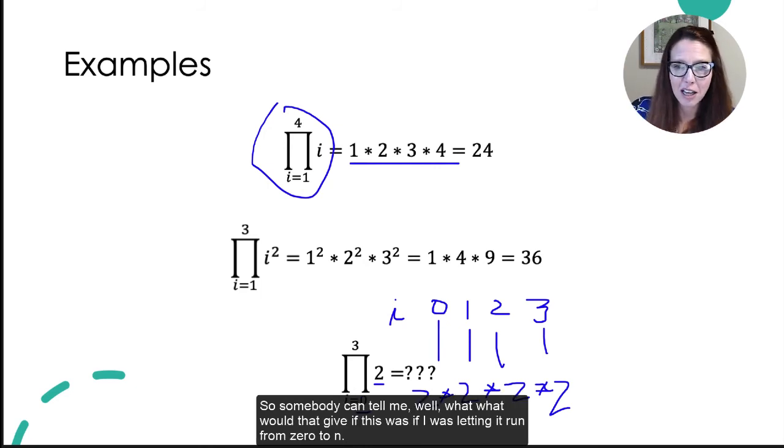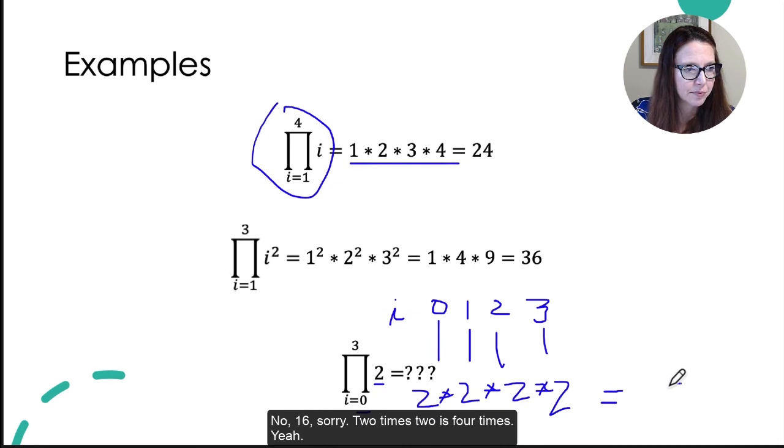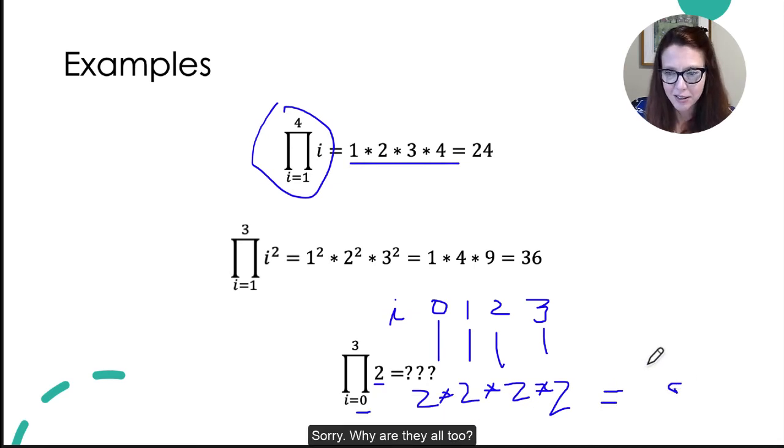So somebody can tell me, what would that give? If I was letting it run from 0 to n, what am I actually getting back every time? So whoever said 8 was correct. No, 16, sorry. 2 times 2 is 4 times, yeah, sorry.